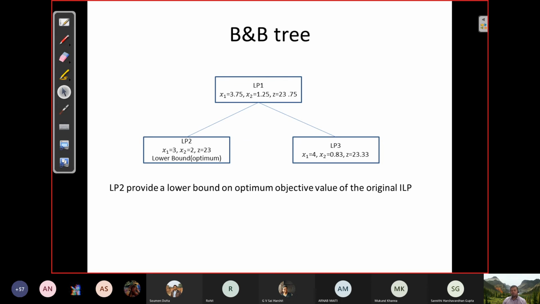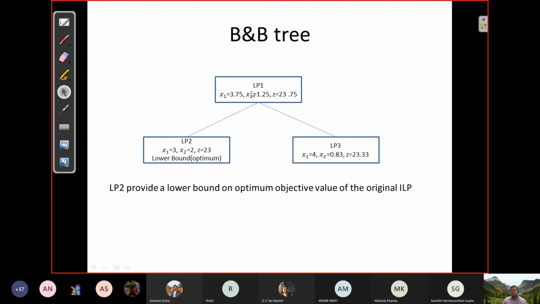Suppose for the traveling salesman problem, you have a very good genetic algorithm, which gives you a solution which is very close to the optimal. And then you treat that solution as an upper bound. So then what will be done? You can reject some of these LPs in the branch and bound tree by bound.